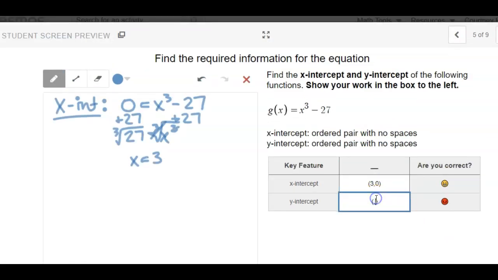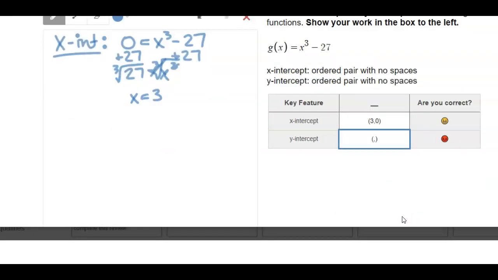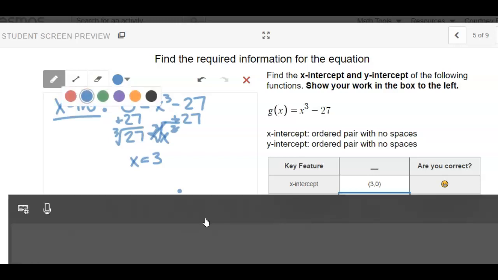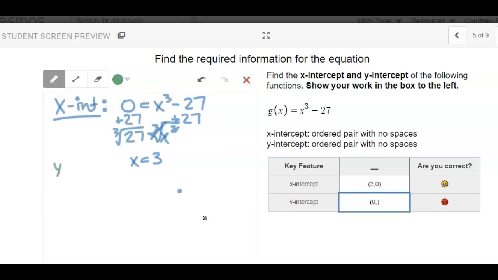So now I'm going to move on to the y-intercept. The y-intercept is the y value when x is 0. And I don't know why that keeps moving, I'm sorry. So I'm going to go change my color. I'm going to find the y-intercept. So the y-intercept is when x is 0.